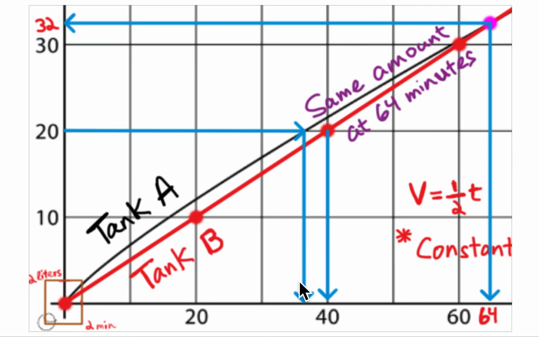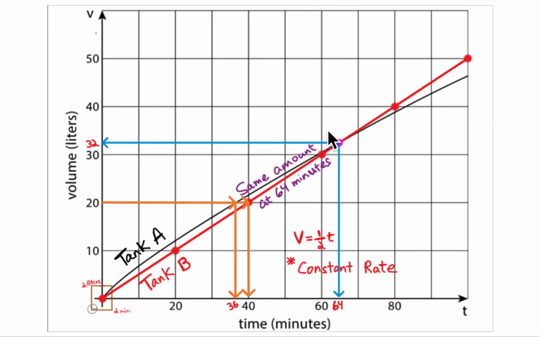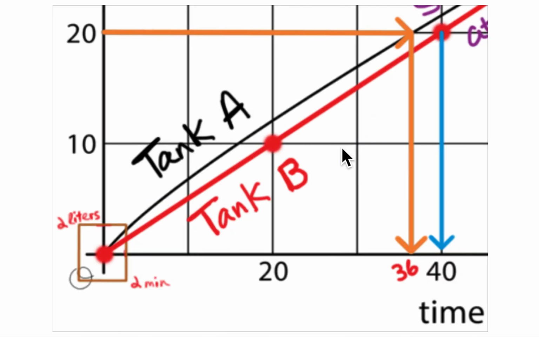This is the 36 minutes for tank A, 40 minutes for tank B to get to 20 liters. So here's the 20 liters after 36 minutes for tank A, and 20 liters after 40 minutes for tank B. And zoom out again so you can see the whole thing. 36 minutes, 40 minutes, and they are tied at 64 minutes with both having 32 liters.